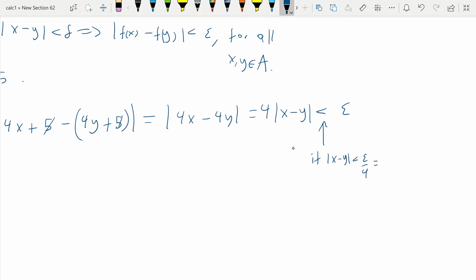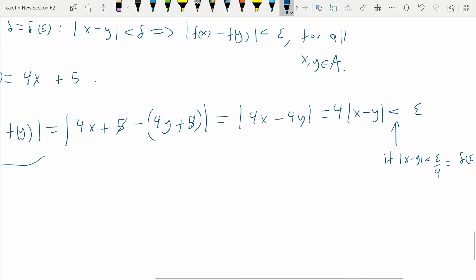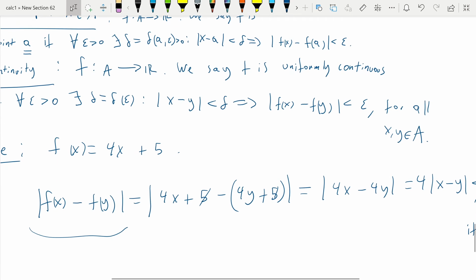So this is your delta here, epsilon over 4. This is your delta of epsilon that we found here in the definition.